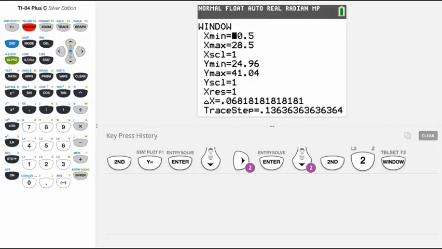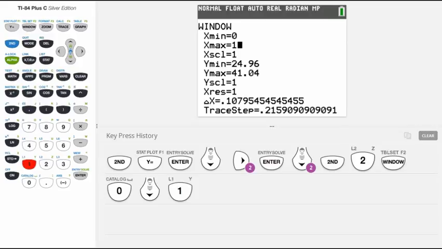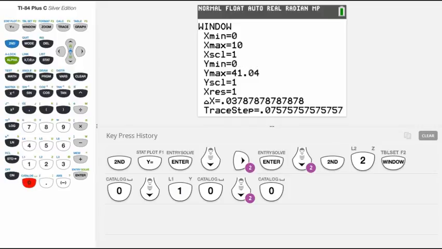Go to Window. We want to start the graph at 0, 0. X-min equals 0. X-max equals 10. Since the max value is 8, we want some room to the right. Leave the X scale at 1. Y-min equals 0 and Y-max equals 0.5, since it needs to be a little bit larger than our maximum probability of 0.336.